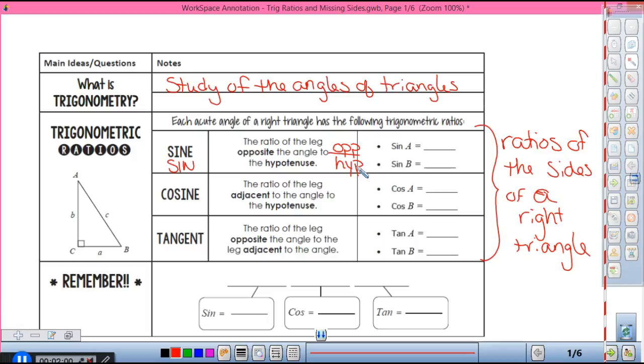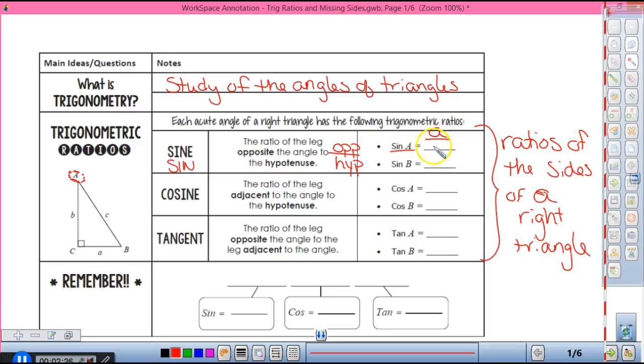Okay, so in this case, it's asking for the sine of A. So that means we look at angle A, and we're looking for the leg that's opposite of A, which is the leg A. So A over, what is my hypotenuse?